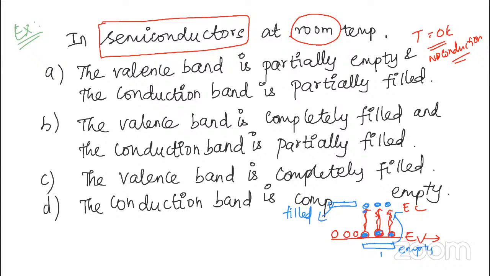So now tell me, which answer is going to be right? Yes, it is option E. So at room temperature they are asking. Suppose they are asking at 0 Kelvin, now what will be the answer? Out of 4 options, which one is the right one if it is given at 0 Kelvin?